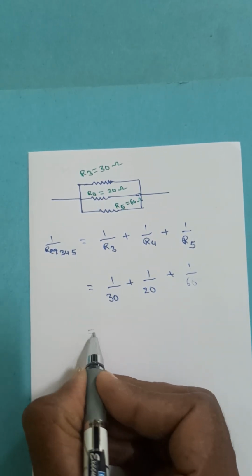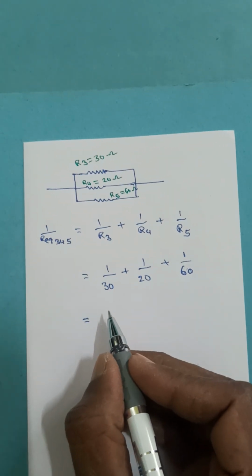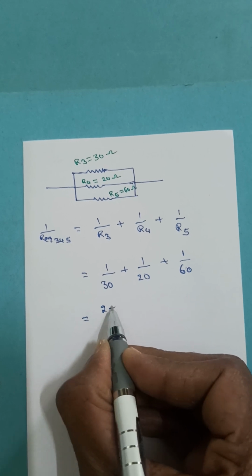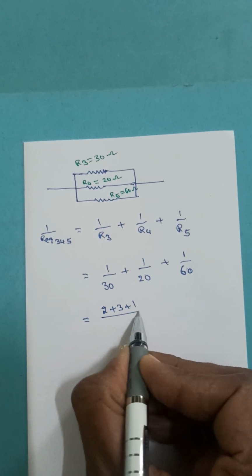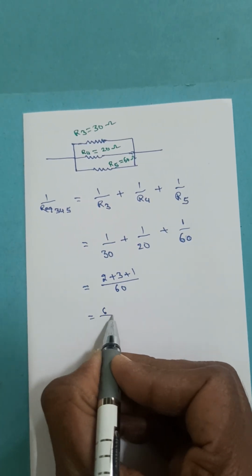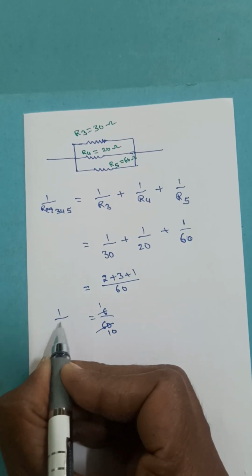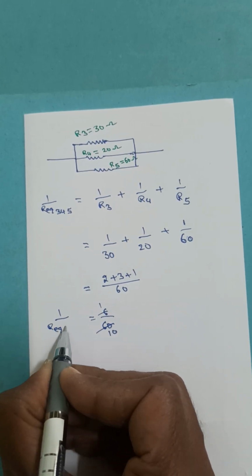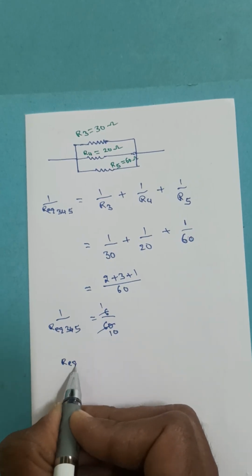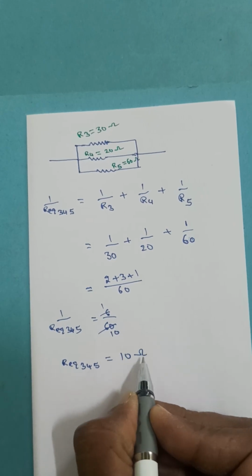So which is equal to, do LCM and simplify. 2 plus 3 plus 1 by 60. So 6 by 60, so 1 by R equivalent 3 4 5 is 1 by 10. R equivalent 3 4 5 is equal to 10 ohms.